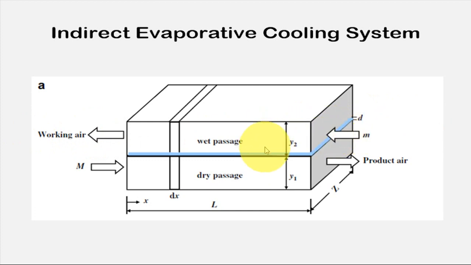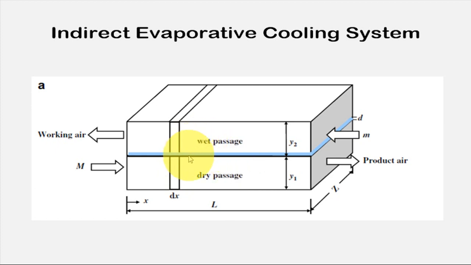In the wet passage the working air comes in contact with the water film, so that the working air gets cooled. The heat of the air passing through the dry passage is absorbed by the working air passing through the wet passage.